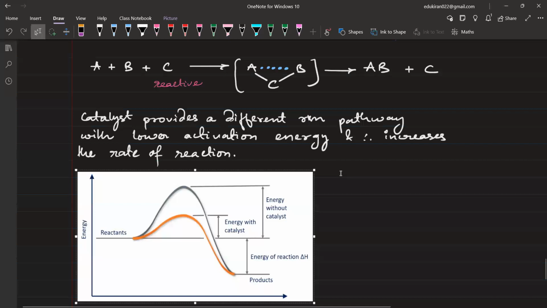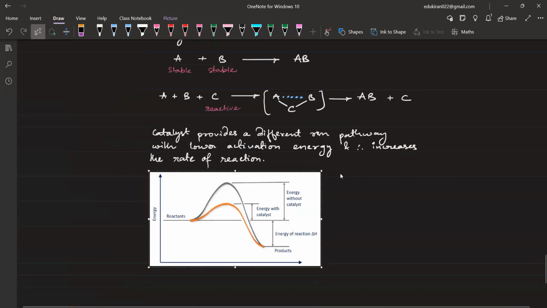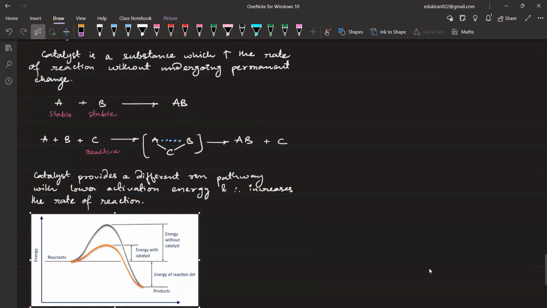After this, we'll make this diagram. Then raise your hand and start writing.